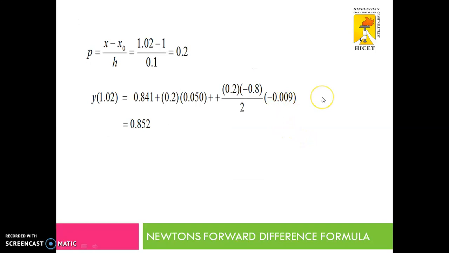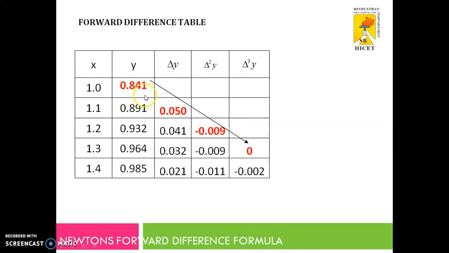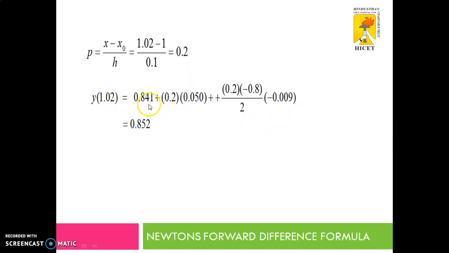Now we can apply the formula. y is equal to f of x is equal to y naught plus p into delta y naught plus p into p minus 1 by 2 factorial into delta square y naught, plus etc. Y naught is 0.841, plus p into delta y naught.